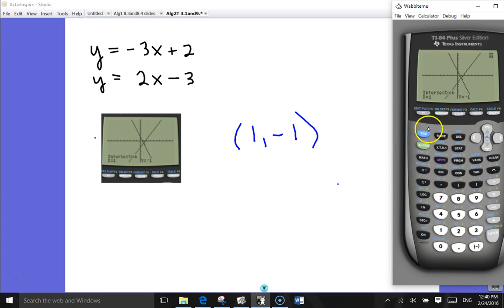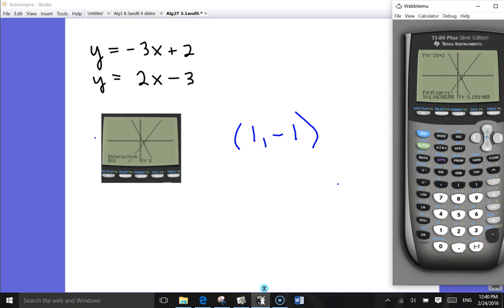Second, trace 5. It's actually asking you the question, first curve? And notice in the top left of the screen, it says y1 equals negative 3x plus 2. That is what we wanted to use, so we hit enter.